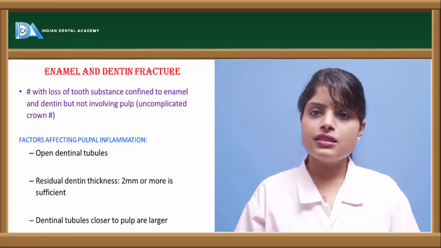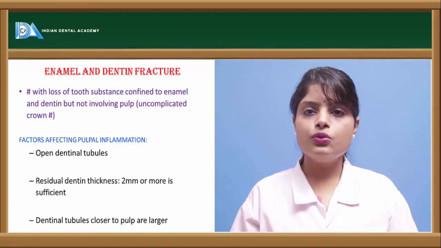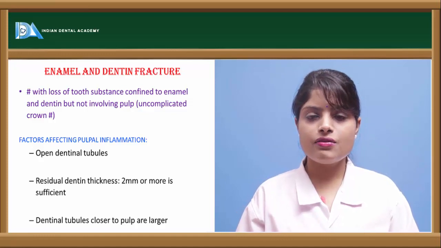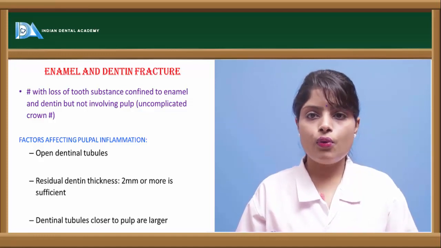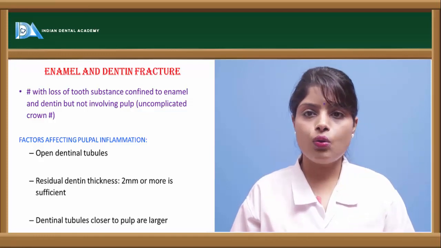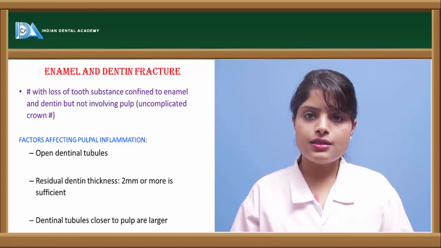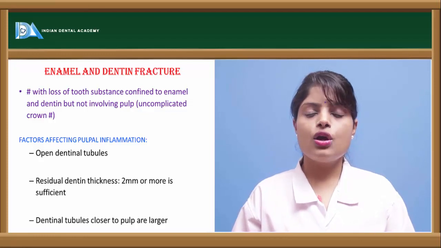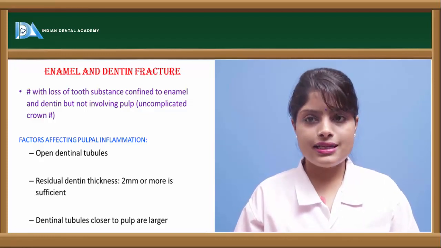That is, as the dentinal tubules are exposed, the tooth will be more sensitive and more prone to pain from hard or hot and cold fluids. So these open dentinal tubules are responsible for this sensitivity.